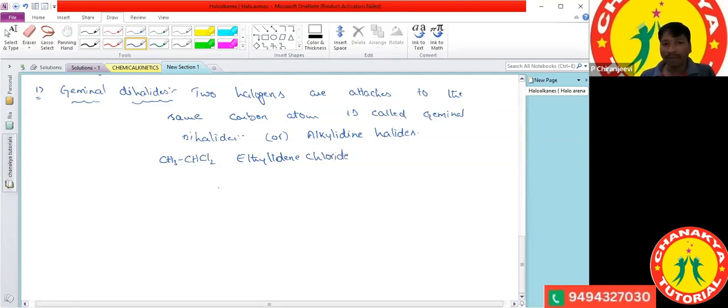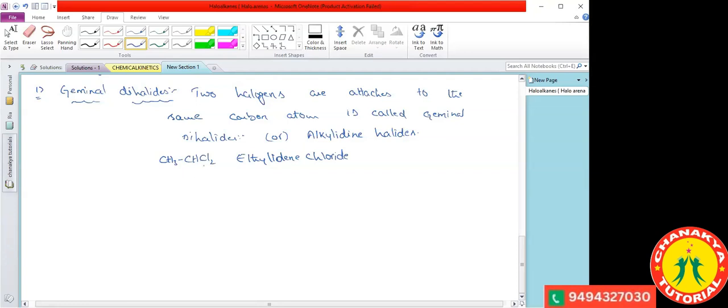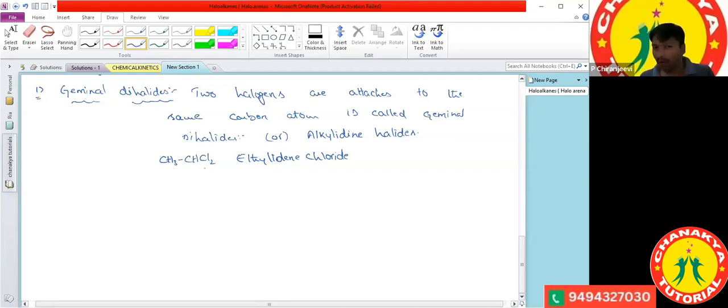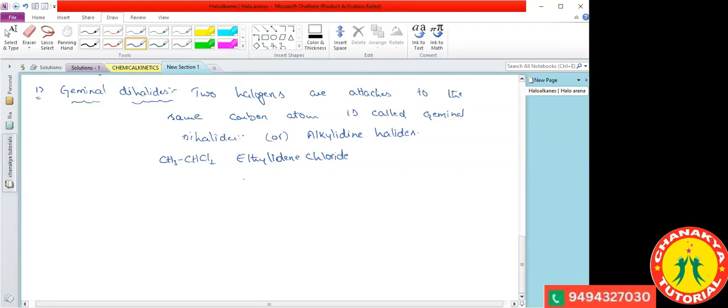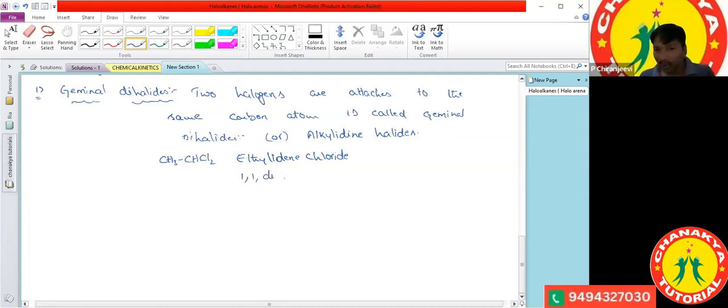So how can we write the IUPAC name of this one? Any one of you? 1,1-dichloroethane.